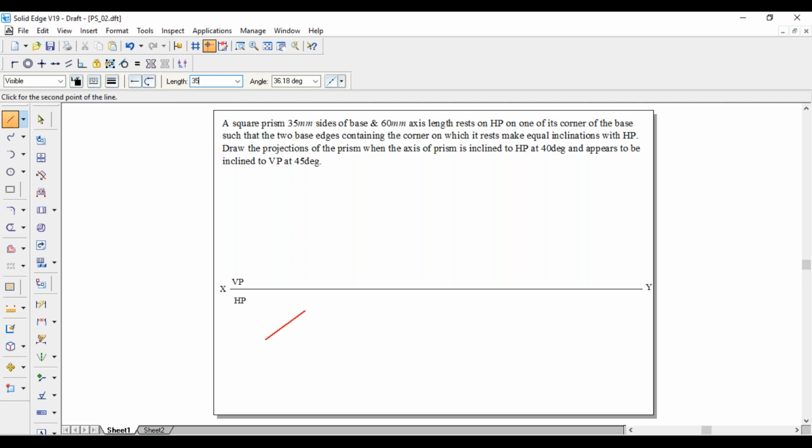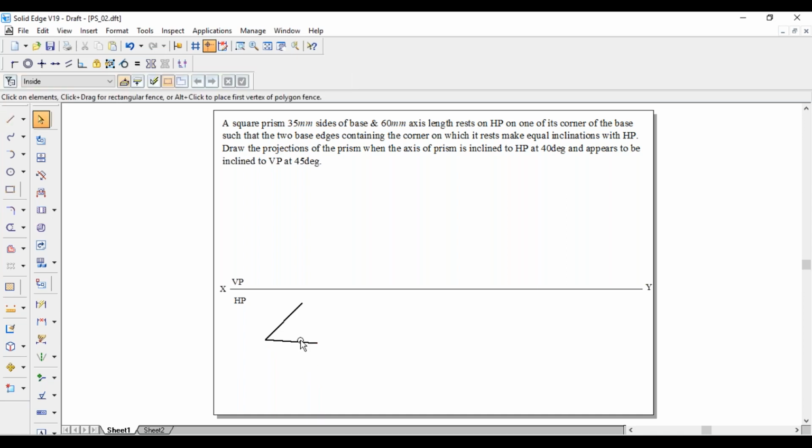Angle is 45 degree because it is resting on corner. Once again, from this point, 35 at angle 45 degree. Once again, 35.